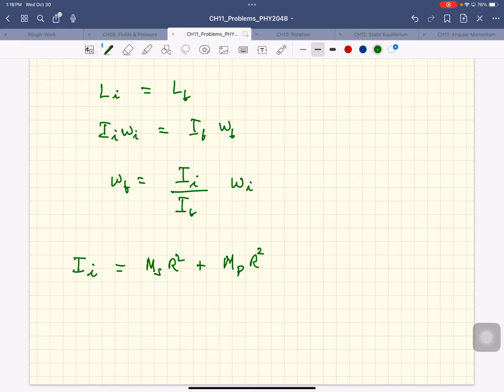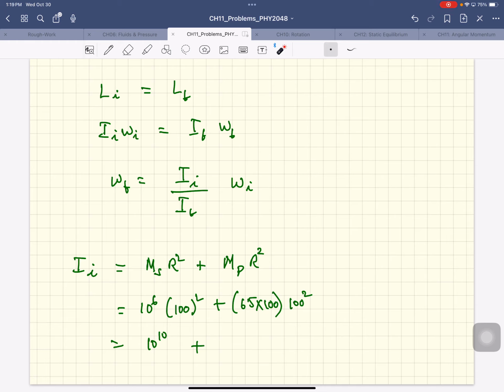So this is 10 to the 6 times 100 squared, plus 65 times 100 people times 100 squared. That's 10 to the 4 times 10 to the 6, which is 10 to the 10, plus 65 times 10 to the 6 kg meter squared.